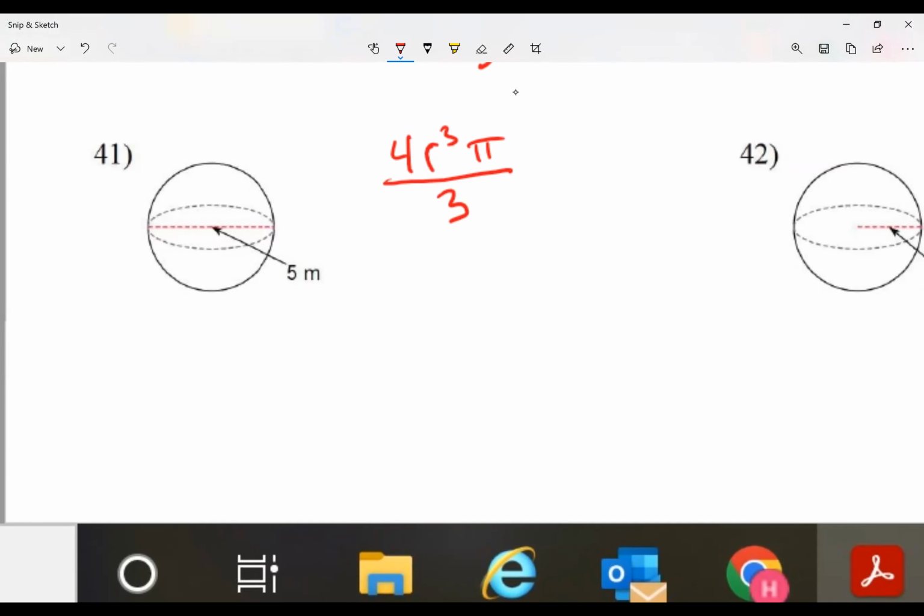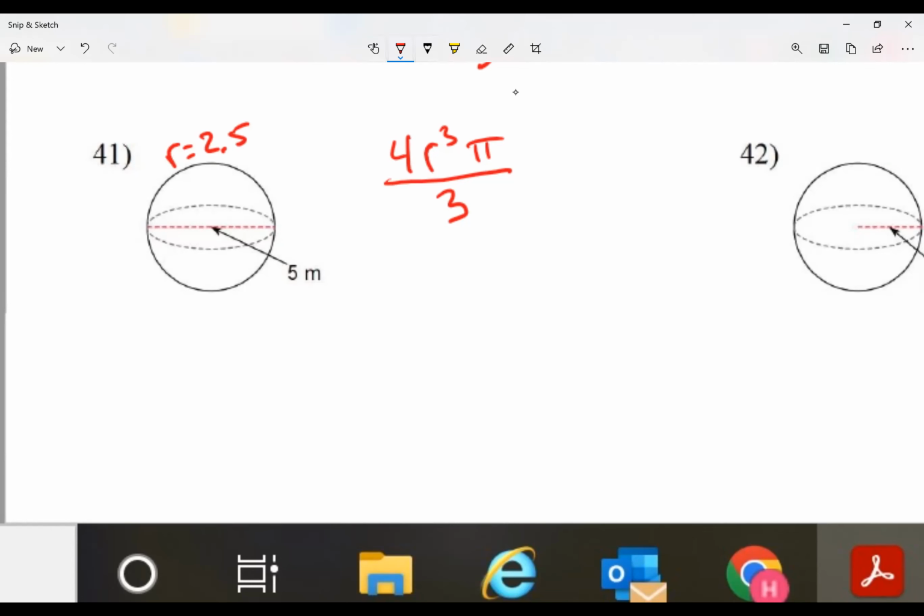Okay, so I need the radius. Now the 5 is the whole diameter, right? My radius should only go halfway in the circle. So I'm going to say my radius is 2.5, the half of 5. It's okay to have decimals.